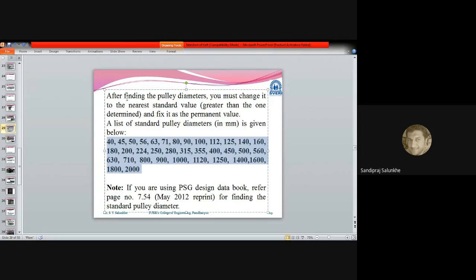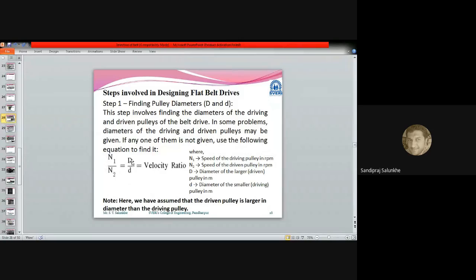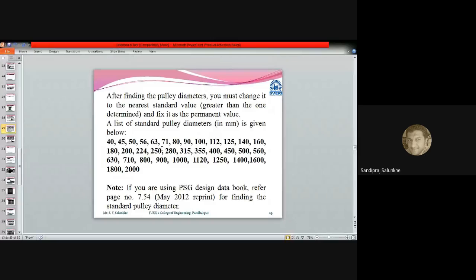That is, after finding the pulley diameters, we must change them to the nearest standard value. Once we get the values of the diameters of the driving and driven pulleys from the velocity ratio, then we have to go for selecting those pulleys from the standard values which are available.